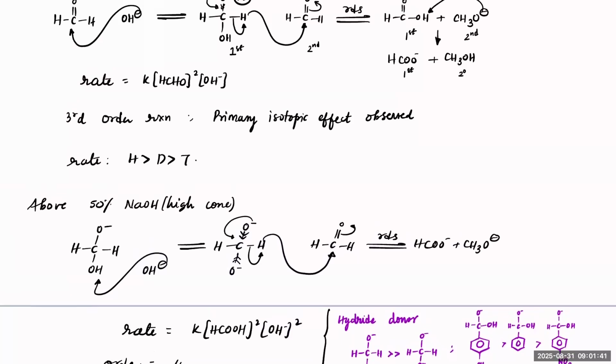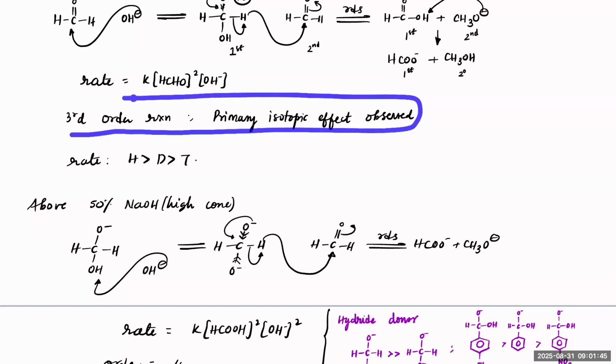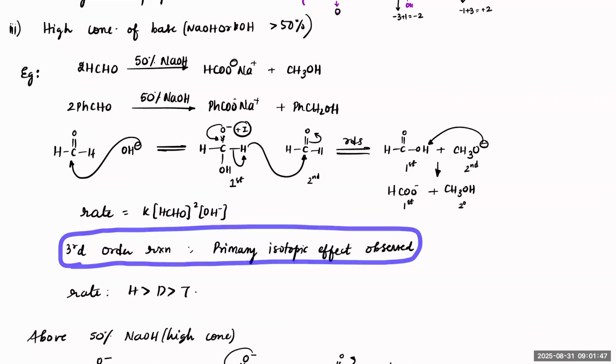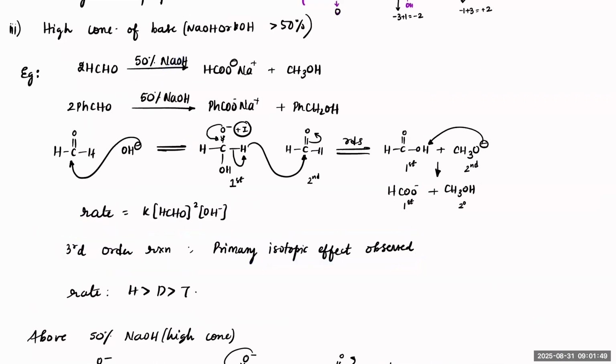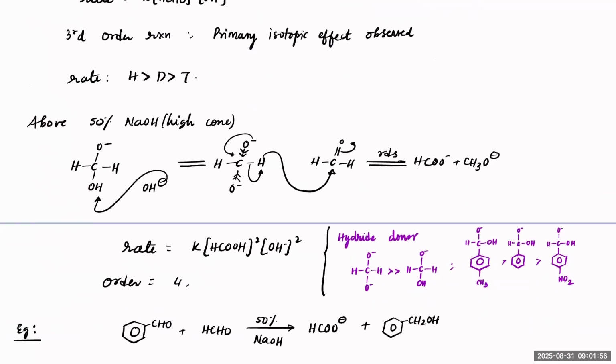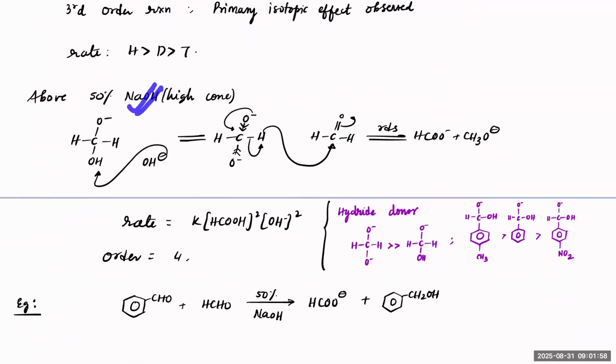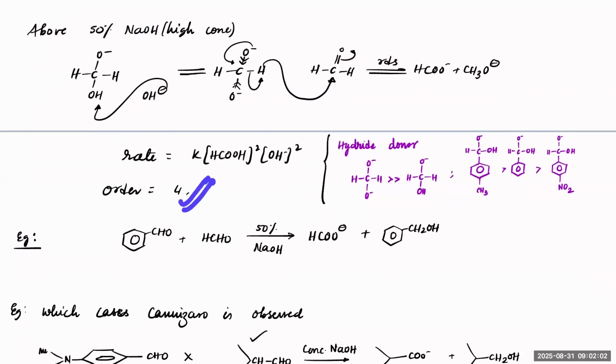So this is one thing you need to understand. If your concentration is around 50% of NaOH, then we will see a third order reaction. But if it is more than 50% NaOH, very high concentration taken, then you will see the order of the reaction is 4.